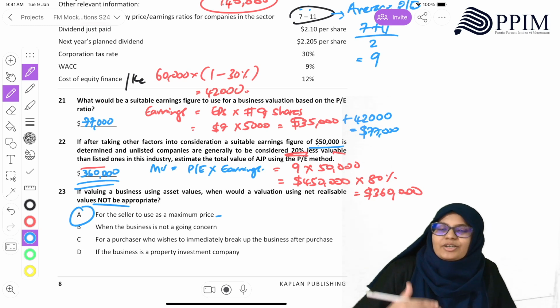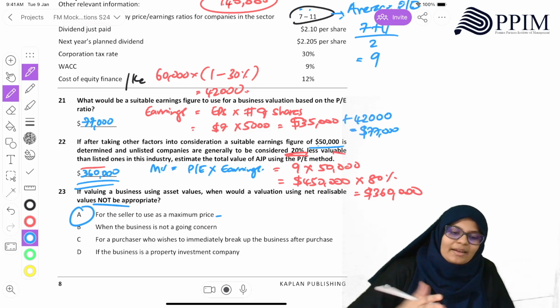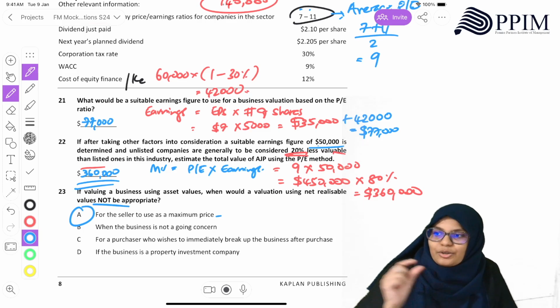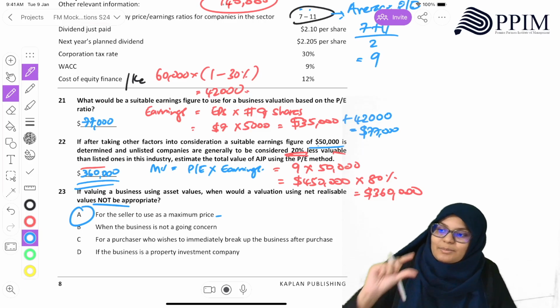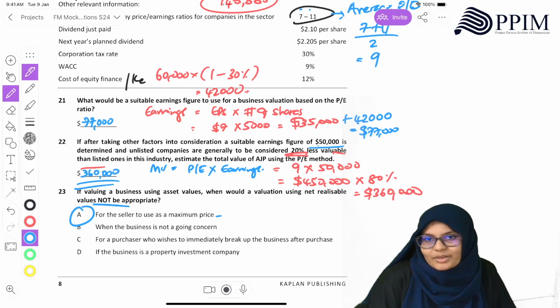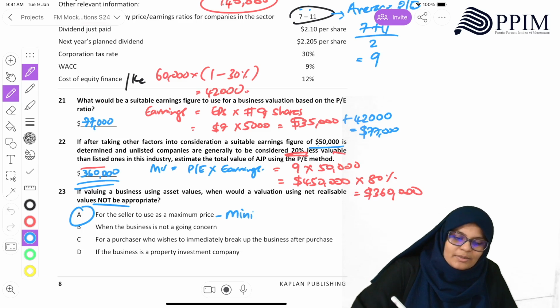So wherever you purchase a business without the intention to run it, NRV is a good option to figure out the value of the business. But if you're going to run the business, then it is only the minimum amount because the business itself is worth more. So that is why A is not appropriate, because NRV is the minimum price, not the maximum. Go through all of this. We went through it when we were doing the slides.